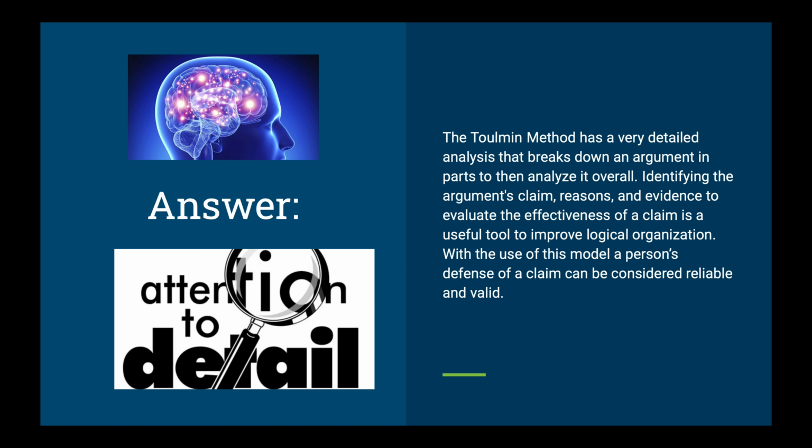And with this model, a person can be seen as more reliable and their claims can be seen more valid because they have so much evidence to back their claims.